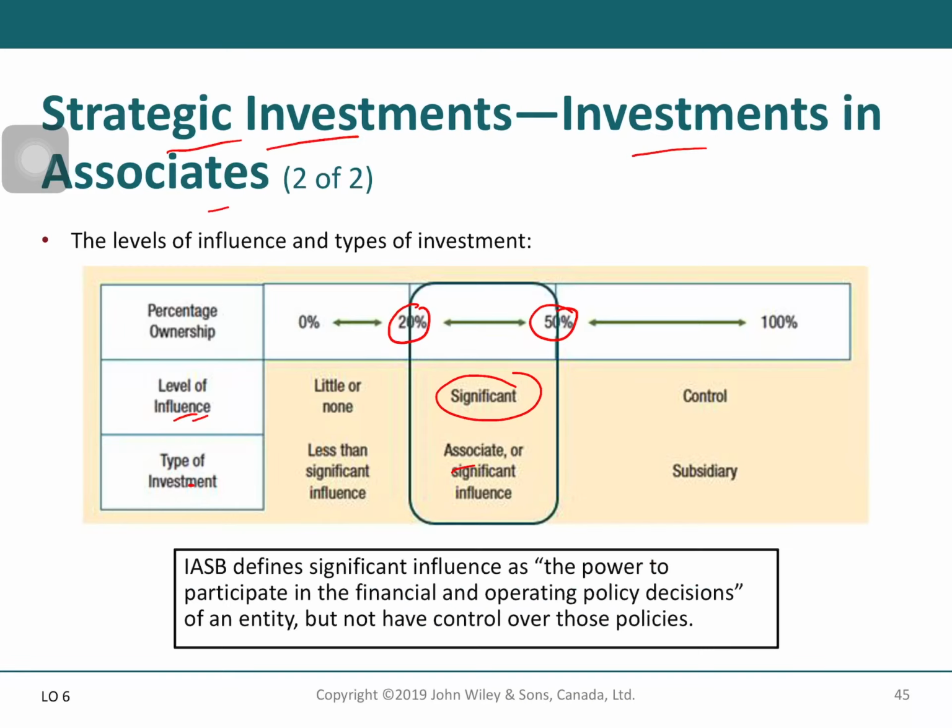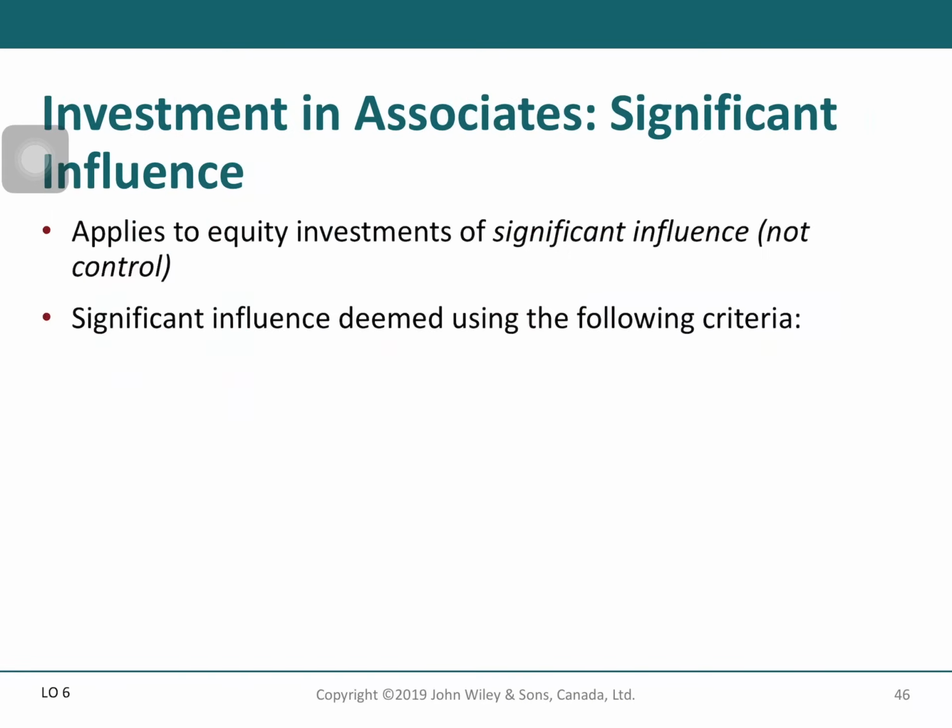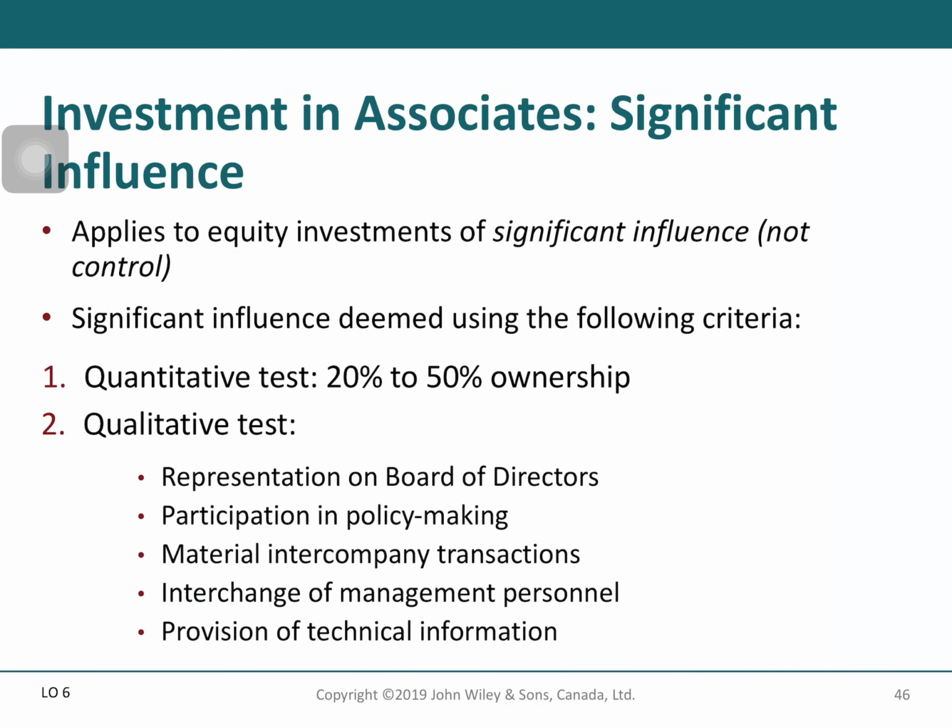Okay, so to say that you have a significant influence in another company, you have to meet these criteria. First, for the quantitative test, you have to have 20% to 50% ownership.